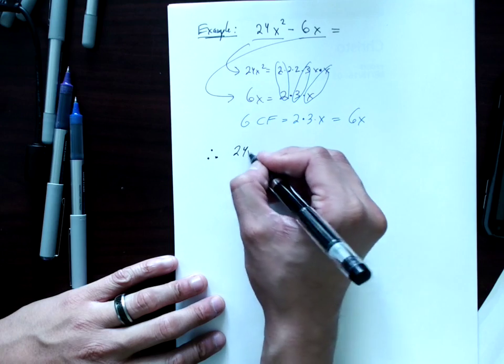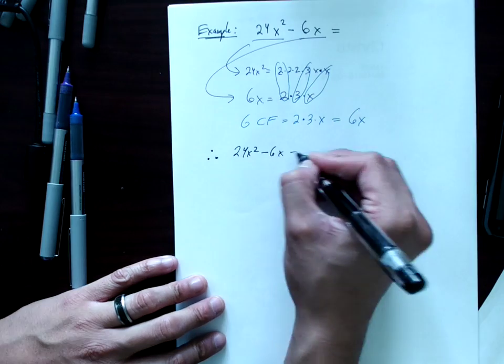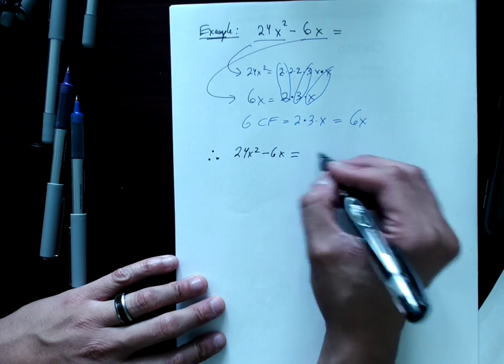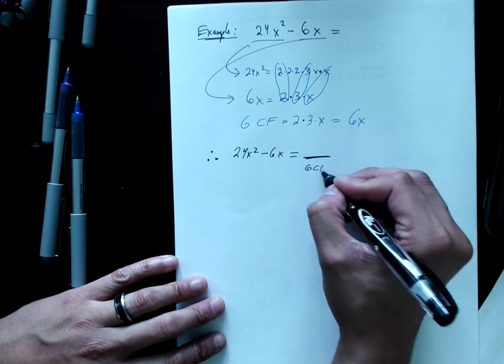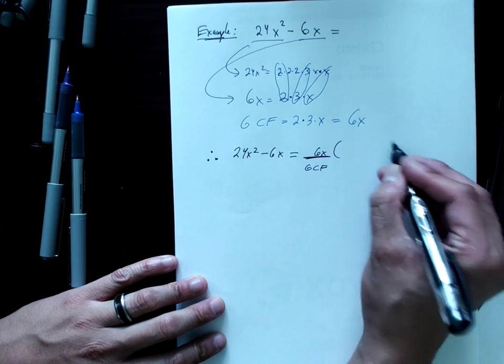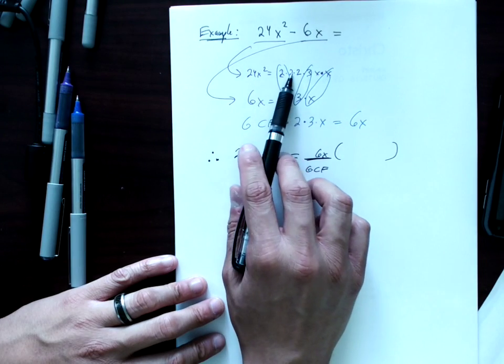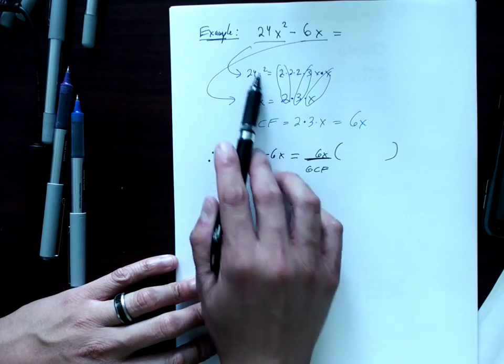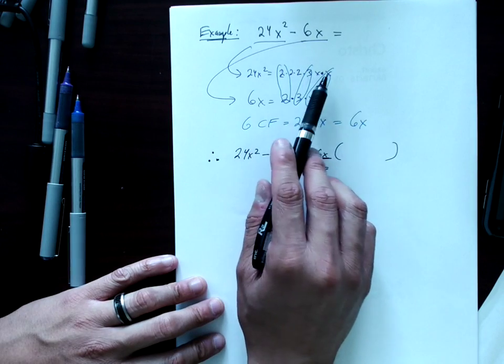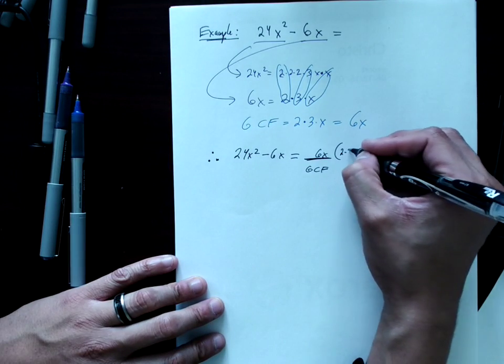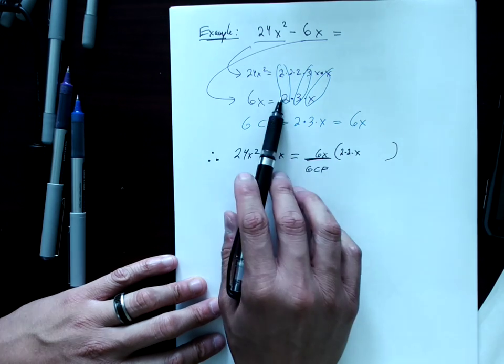Therefore, the factorization of this particular polynomial becomes the GCF on the outside times what's left on the inside, which is just what was not circled in each of the terms. I have 2, 2, and x, so that's 2 times 2 times x. And what's left over here?